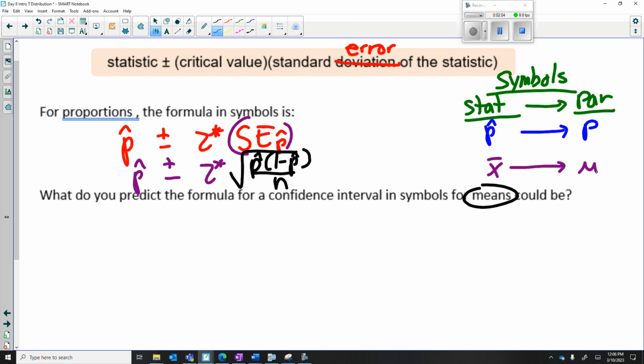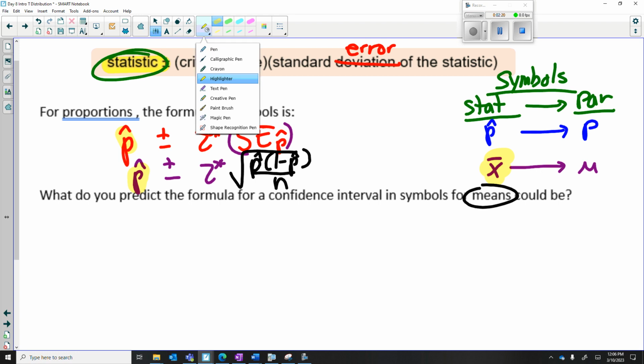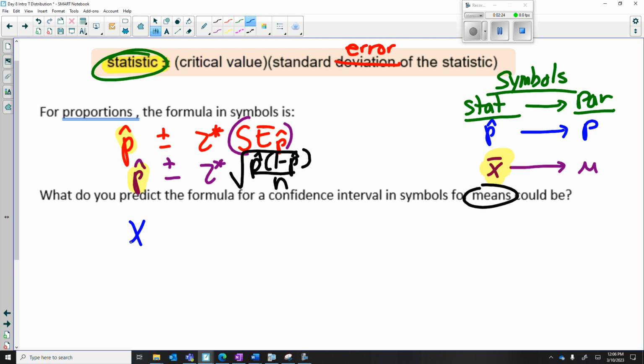So going back to this format, where it says statistic in our confidence interval, instead of putting p hat in that first slot, we change it to the symbol for the statistic for means, which is x bar. So we have x bar, plus or minus.